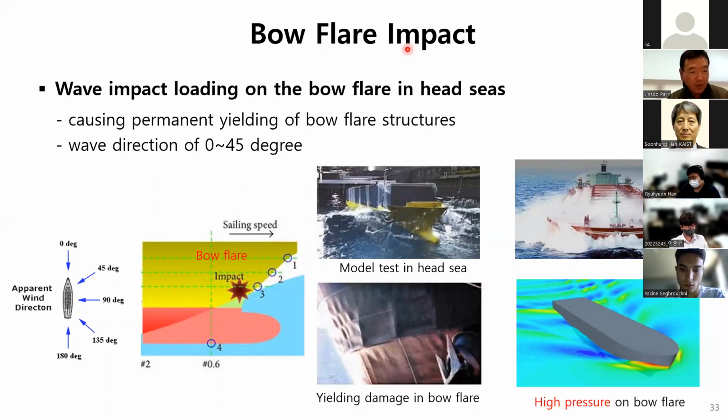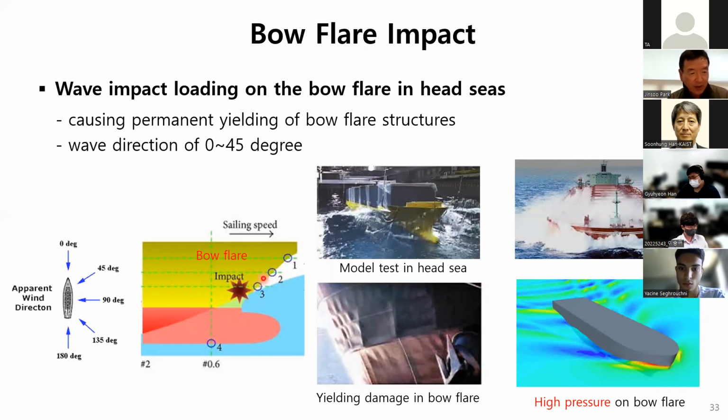Another type of loading against ship hull is impact loading. When a ship sails under head sea, wave coming from the front, wave direction is about between 0 to 45 degrees. Impact loading may happen on the bow flare, depending on the wave height and speed.